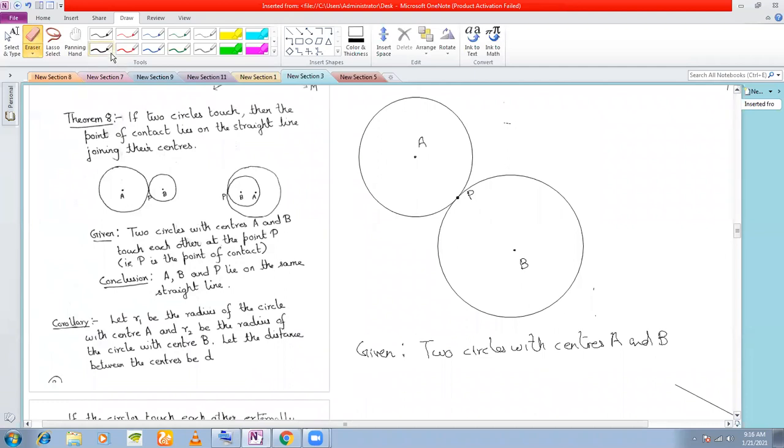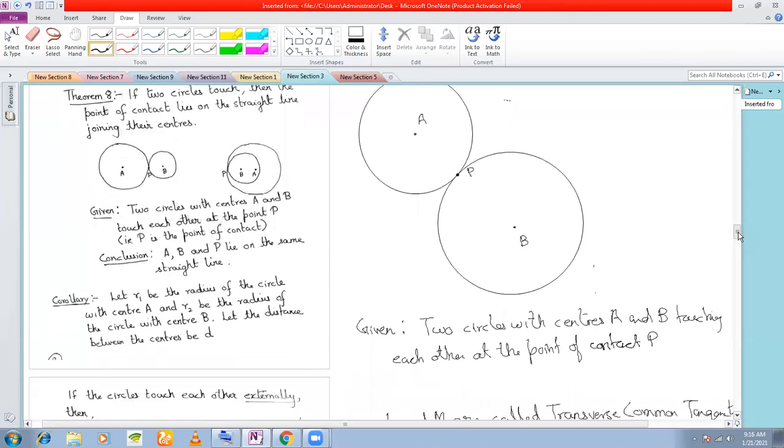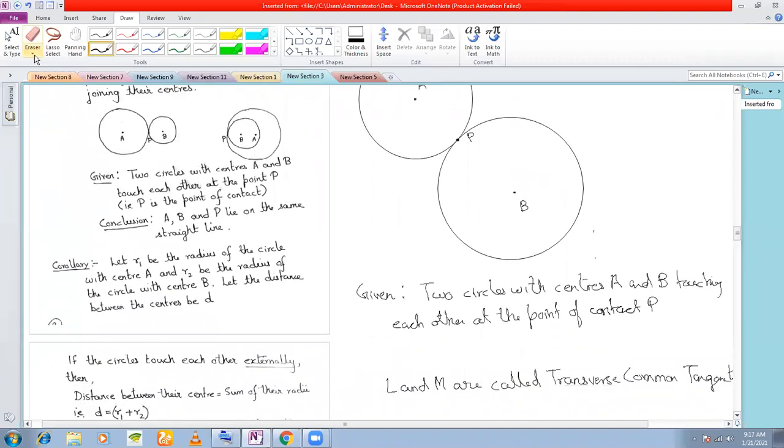Two circles A and B touching each other at the point of contact P, and they have centers A and B.